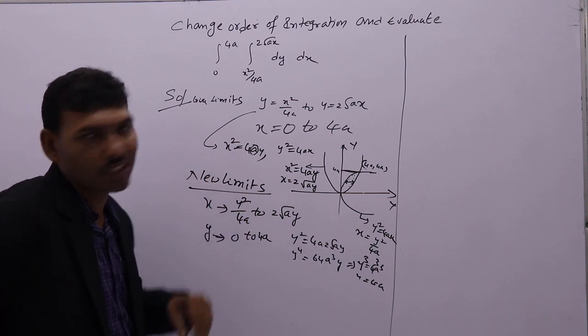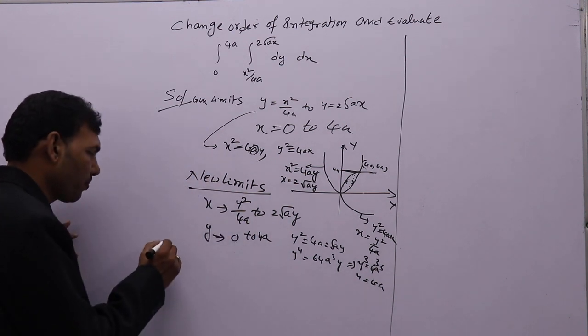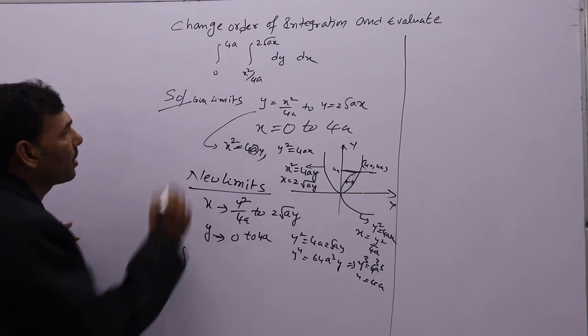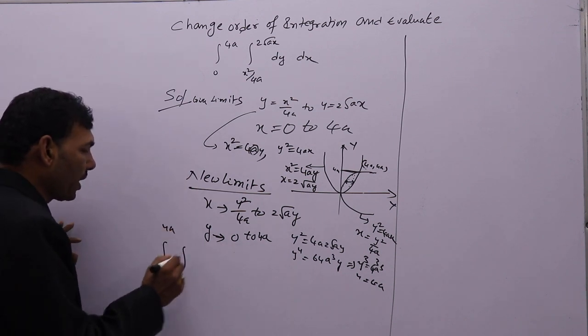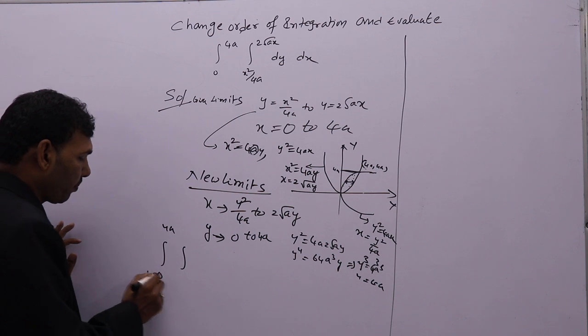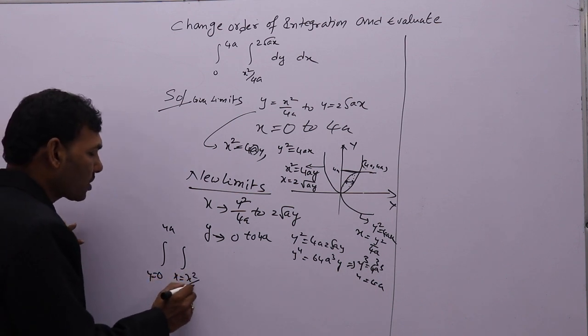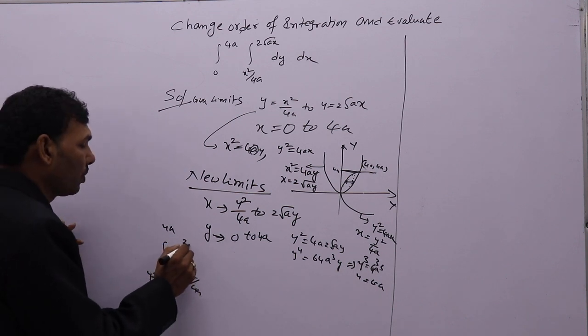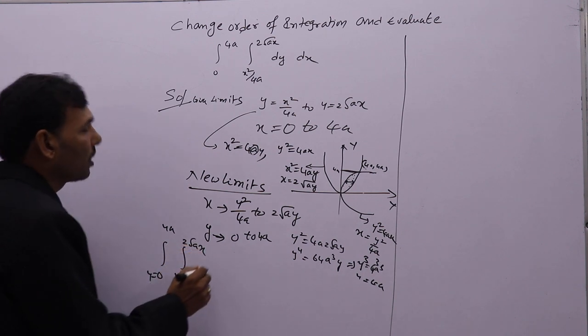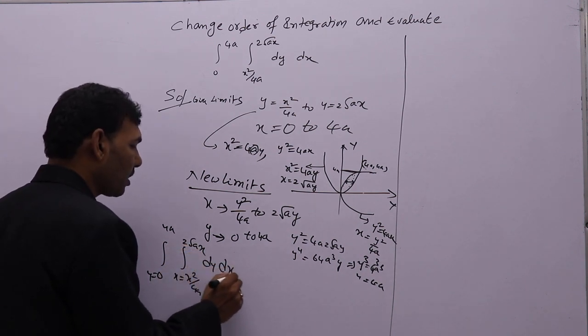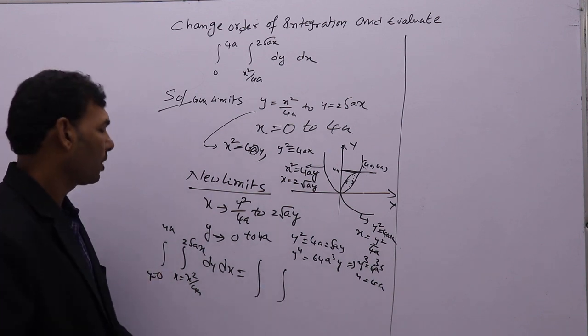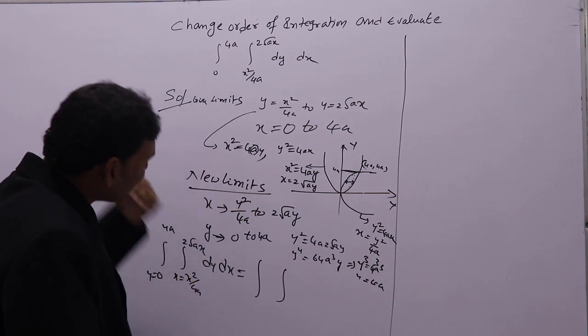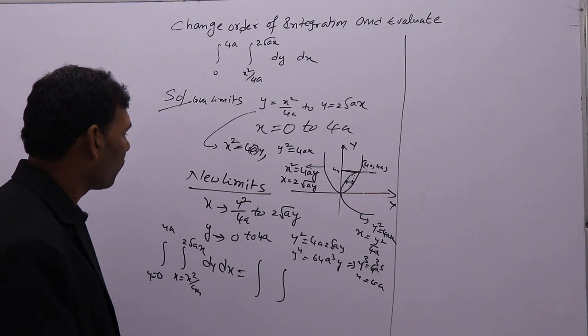So now we changed the order. How do we change it? As per the given order, 0 to 4a, y, x is from x squared by 4a to 2 root ax, dy dx. Now it is changed like this. How did it change?